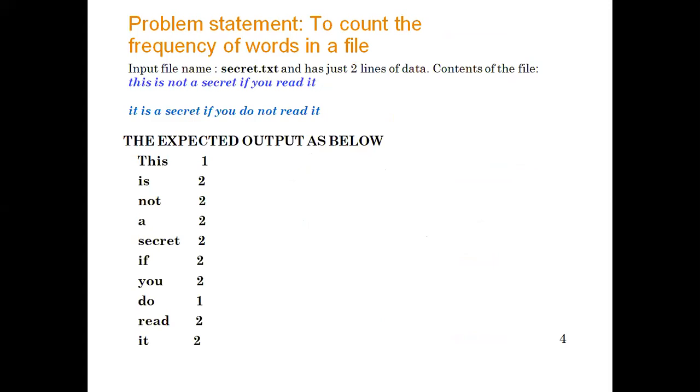So now consider this input file. Here I am considering one input file as an example. Consider this input file which has two lines of input data. One line is, this is not a secret if you read it. The second line is, it is a secret if you don't read it.